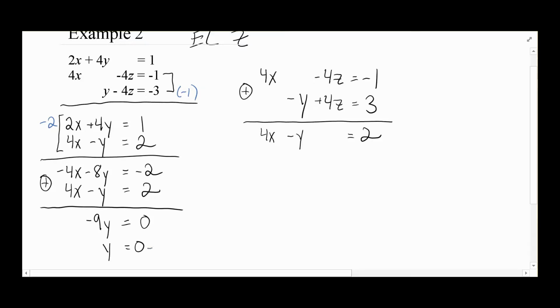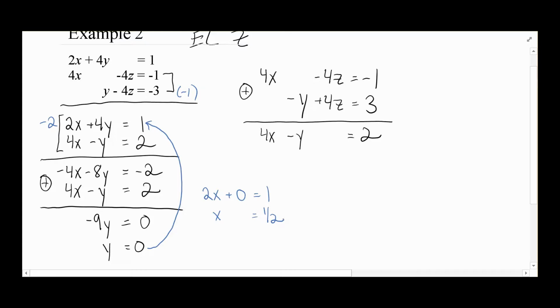So I'm going to plug this back somewhere else within my two equation, two unknown system in order to get the x. So that's 2x plus 4 times 0 is 0 equals 1. So x must be 1/2. That's all right. We can have a fraction.